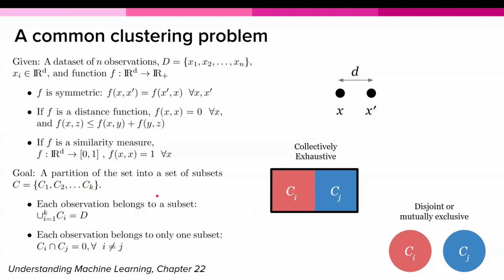What do we want about each of those subsets? Well, we typically require that each observation belongs to exactly one subset. So this means that subsets are collectively exhaustive, so all data points are assigned to a cluster, but the subsets are also disjoint. So no data point can belong to more than one cluster.